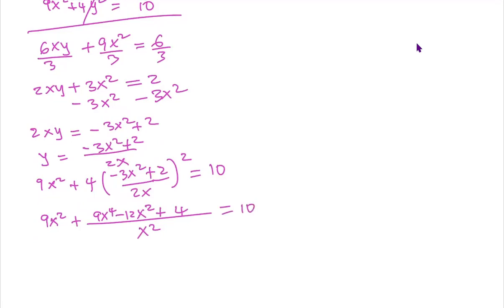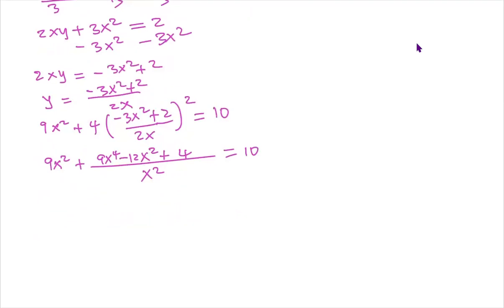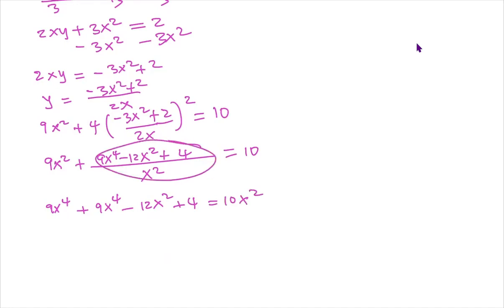So what we can do here is multiply both sides by x squared. So that's 9x to the 4th plus 9x to the 4th again minus 12x squared plus 4 equals 10x squared. The part that has x squared at the bottom, you just copy it down.